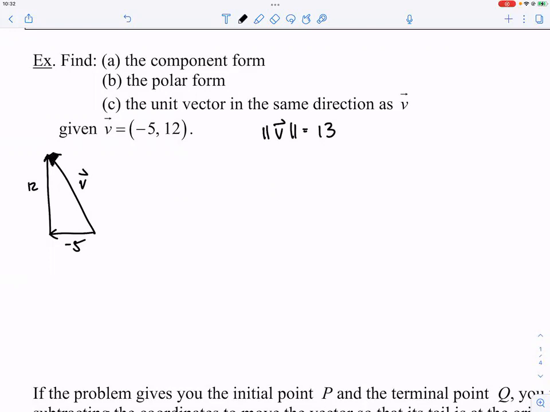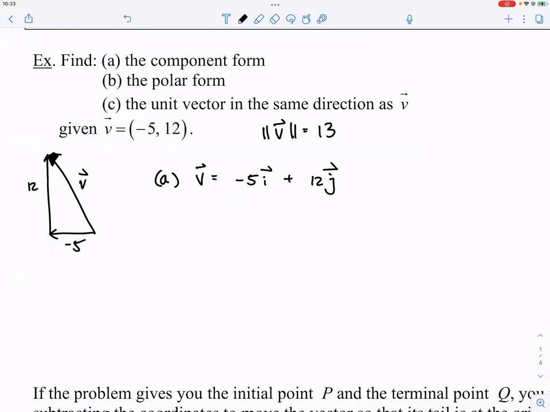Okay, and then for the component form, instead of using a comma, we use an expression. -5i plus 12j is your vector v.